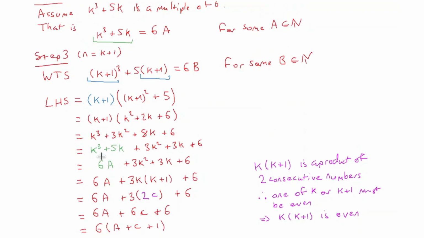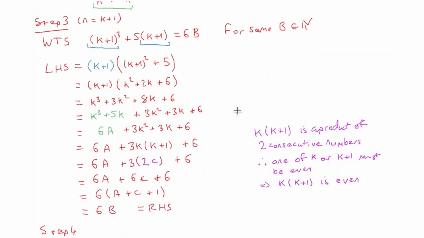We made what we wanted and then dealt with the rest. And sometimes we have to do that in maths. Sometimes we have to, well, I know I want to make this substitution, so let's make it so I can make that substitution and deal with what comes next. Similarly here, I know I want this to be an even number because I need this to be a multiple of 6. So how can I argue that that is an even number? Oh wait, it has to be even because it's the product of 2 consecutive numbers.